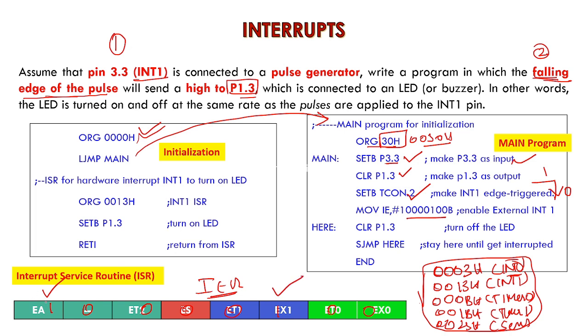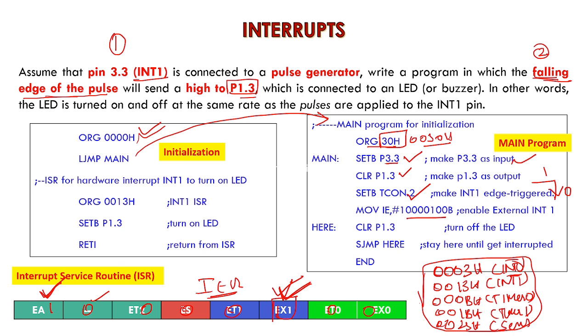This should always be enabled when you work with the interrupt. If it is disabled, you are clearing the interrupts. It should be enabled, 1. Why? Because you want to work with the external interrupt, right? That's why it was enabled. 1, the rest of the bits are 0, they are disabled. So that's why you can see 1 0 0 0 0 1 0 0 B. B is for binary. Okay, I hope you understood.